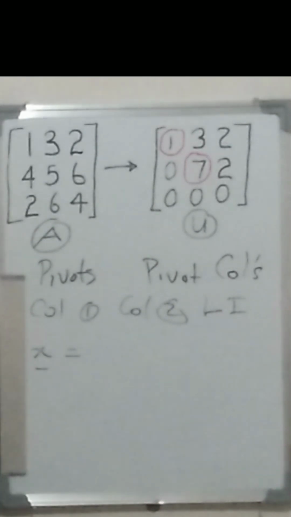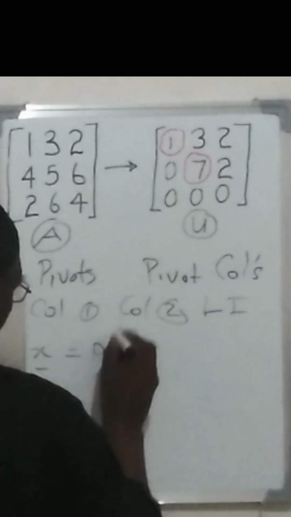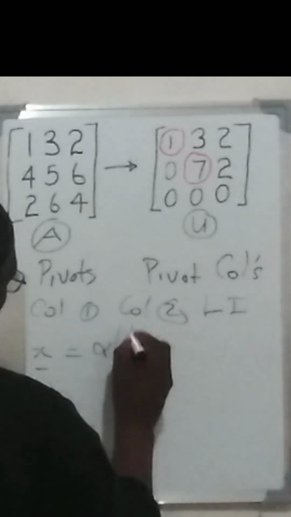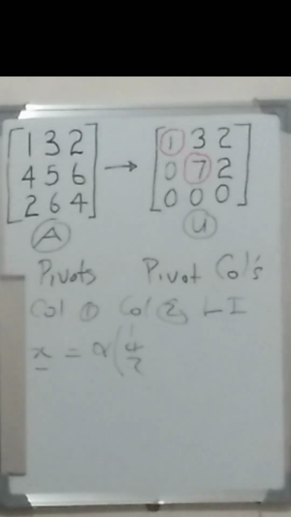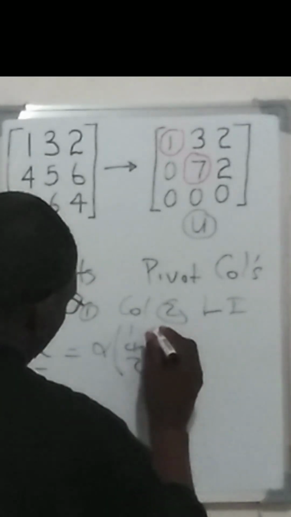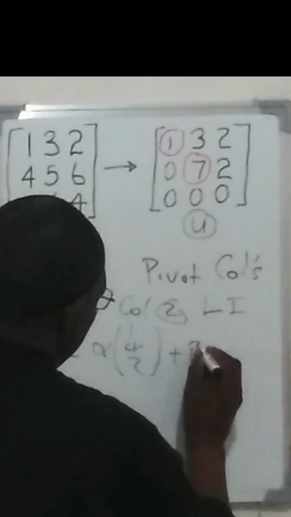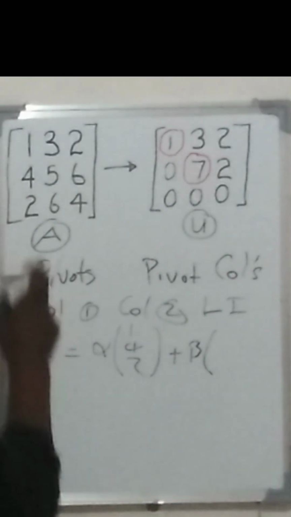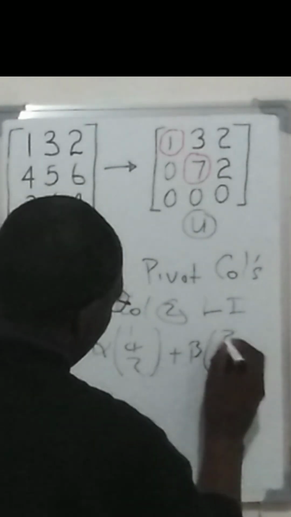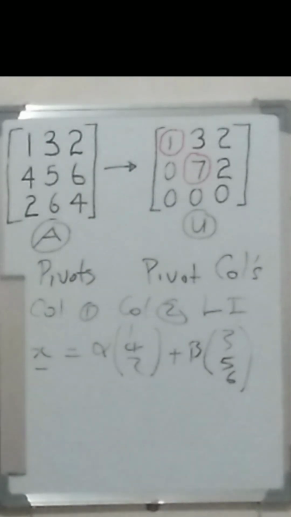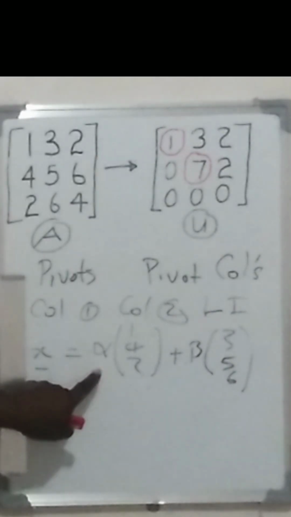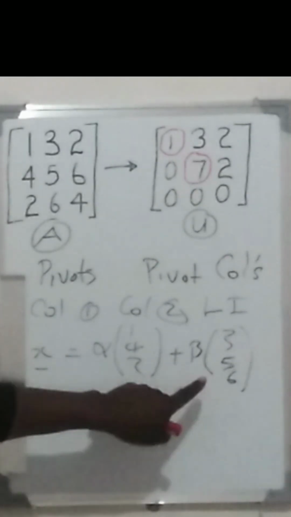be expressed as alpha multiplied by 1, 4, 2. Let me get a better pen. 1, 4, 2, the vector 1, 4, 2, plus beta multiplied by the vector 3, 5, 6. In other words, any vector in the column space of A is a linear combination of these two vectors.